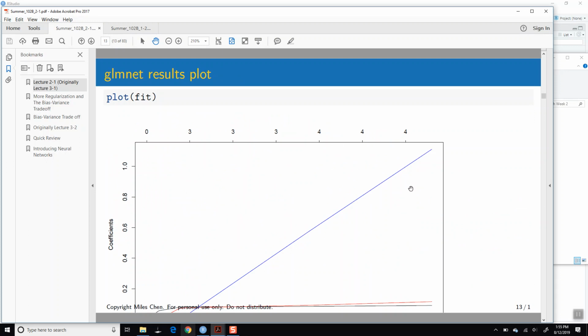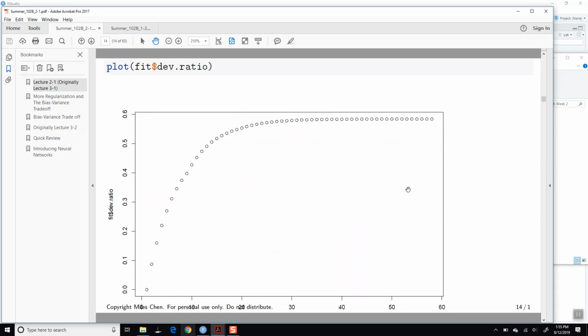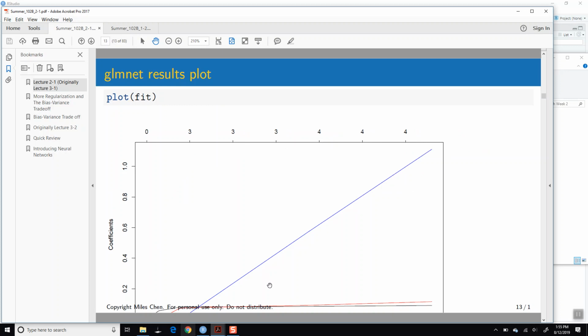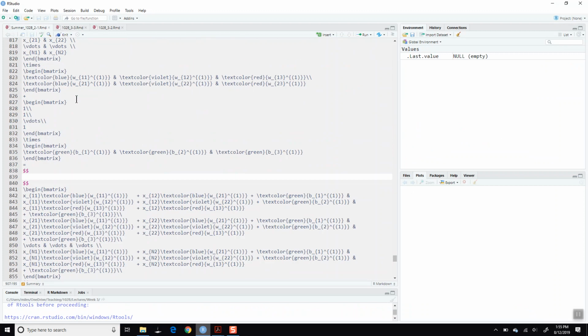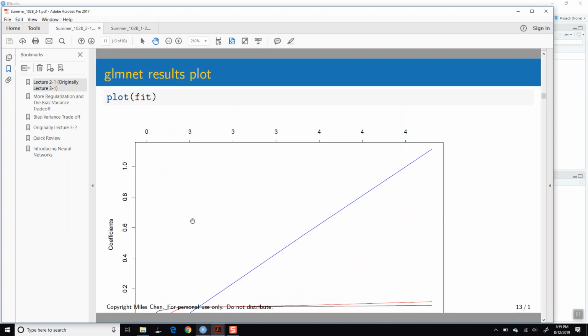Oh, this plot got cut off. Okay, well, anyway, what this shows in the plot that gets cut off, and I'm going to have to re-render this, is that the coefficients grow to a certain point and flatten out and things like this.